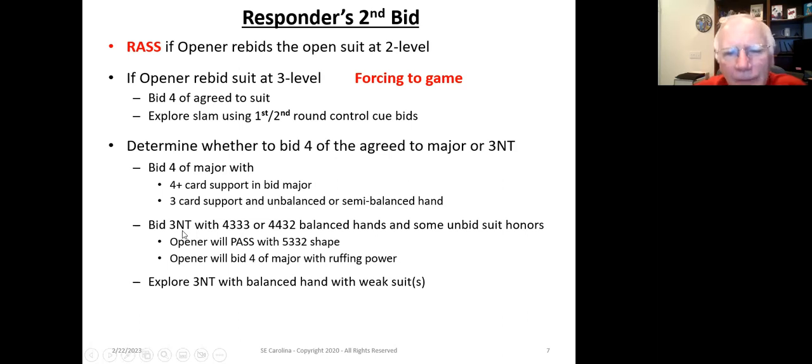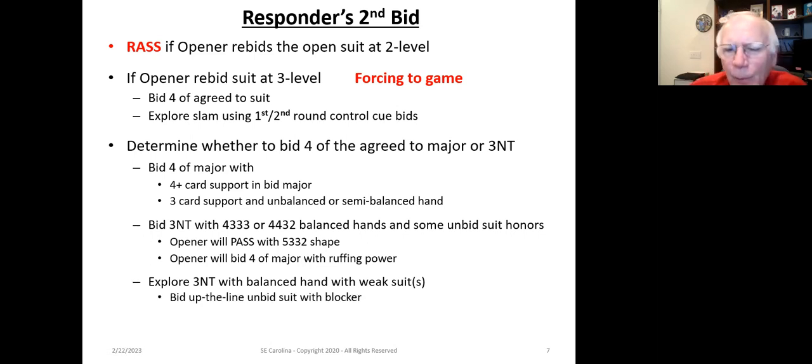Now, if the responder then bids 3 no trump after hearing that it's 5-3-3-2, the opener may still pull that and go back to the major because he or she is uncomfortable with something. If you don't have coverage of all 3 unbid suits, you have to have a way of talking to each other to figure out if you actually do have coverage.